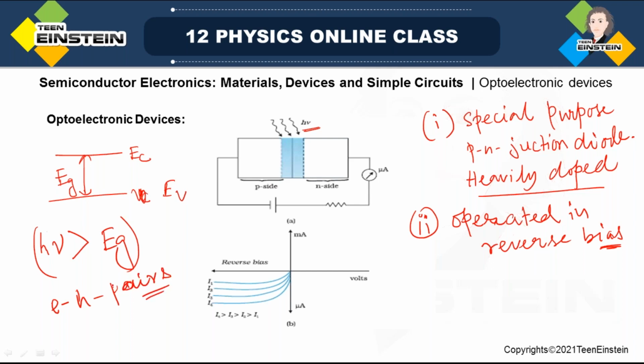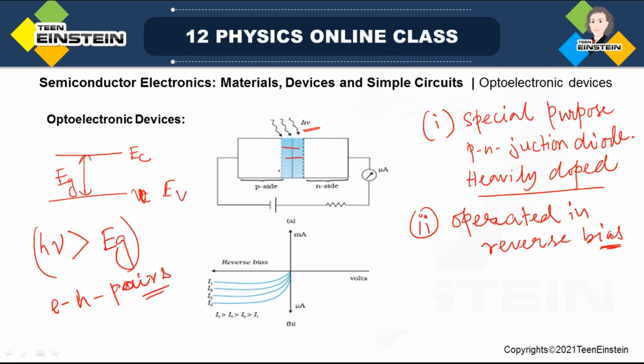The electron hole pairs will be generated in this depletion region only.